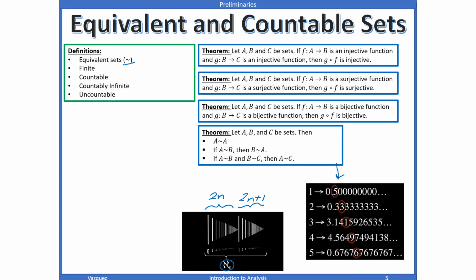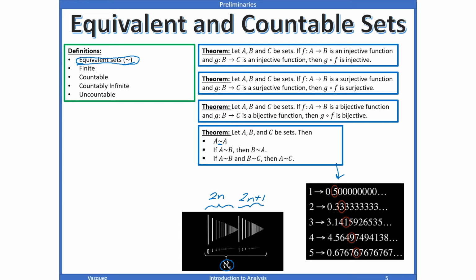Let A, B, and C be sets. So what does this little symbol mean? Well, that they're equivalent sets, as we see up here. So A is equivalent to itself.